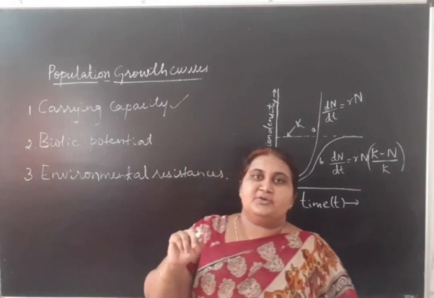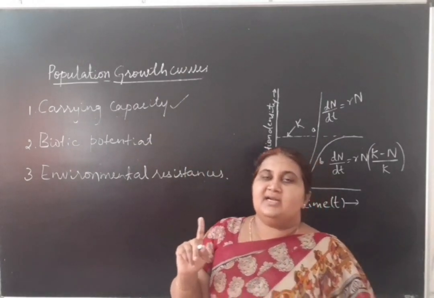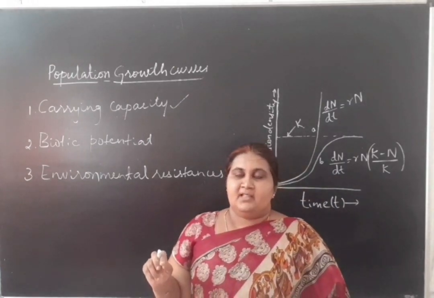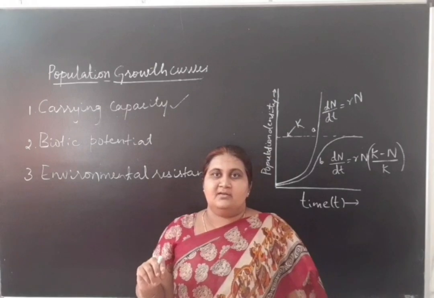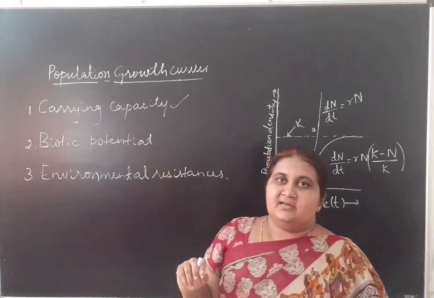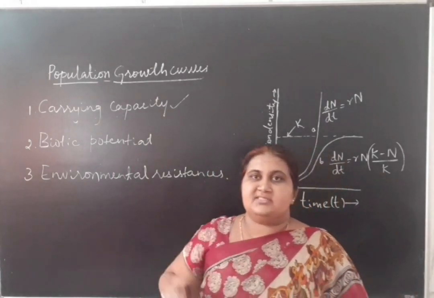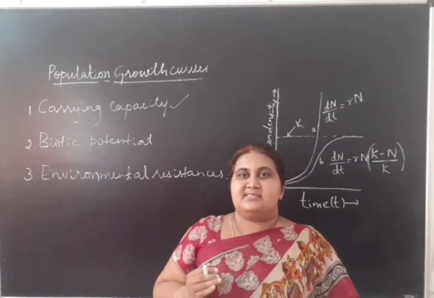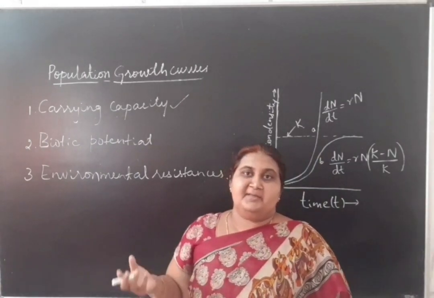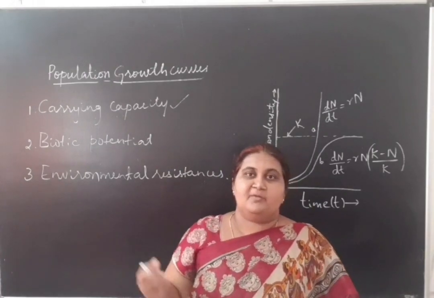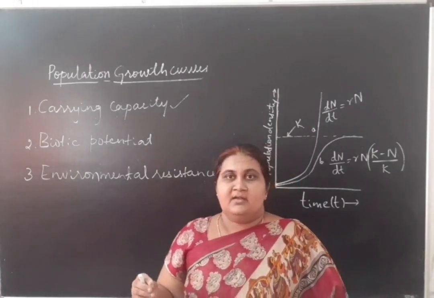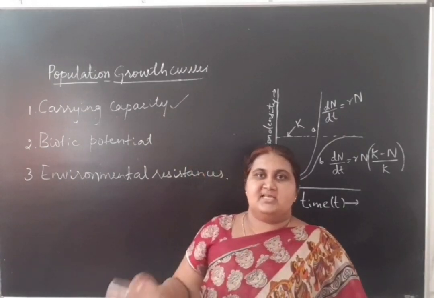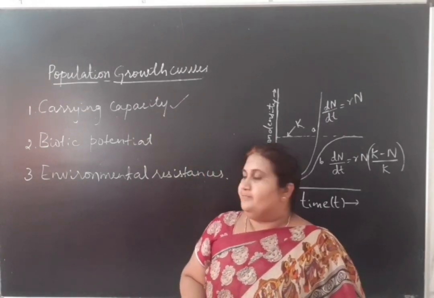Maximum reproductive capacity is achieved only under ideal conditions. What are those ideal conditions? For a population to show its maximum increase in size, there should not be any predator effect, there should not be any competitor, and there should be plenty of natural resources, space as well as food.